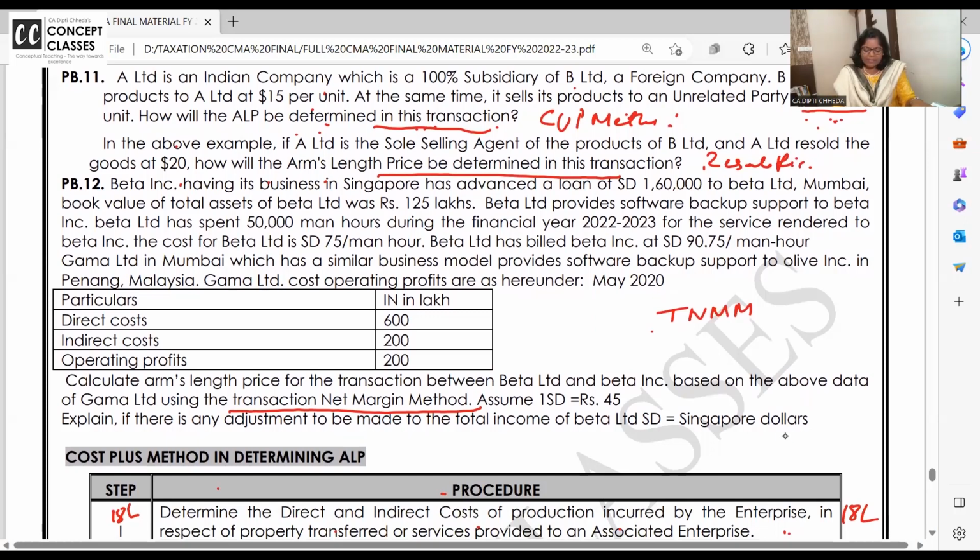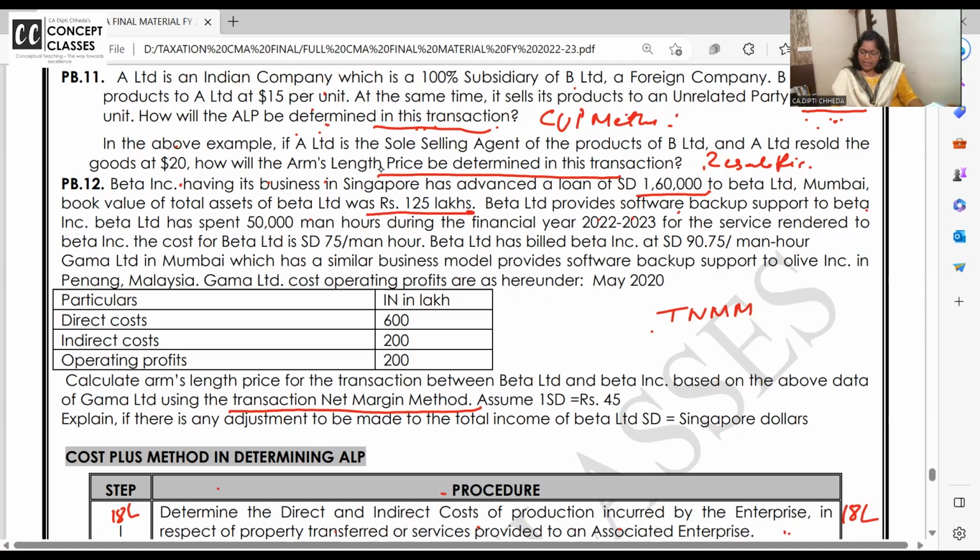Beta Inc. having its business in Singapore has advanced a loan of $1,60,000 to Beta Limited, Mumbai. Book value of the total assets of Beta Limited Mumbai is 125 lakhs. और ये लोन जो है ये सिंगापुर डॉलर्स में है. तो if they have given the loan more than 51% of total assets, we are like sister concerns, right or not?